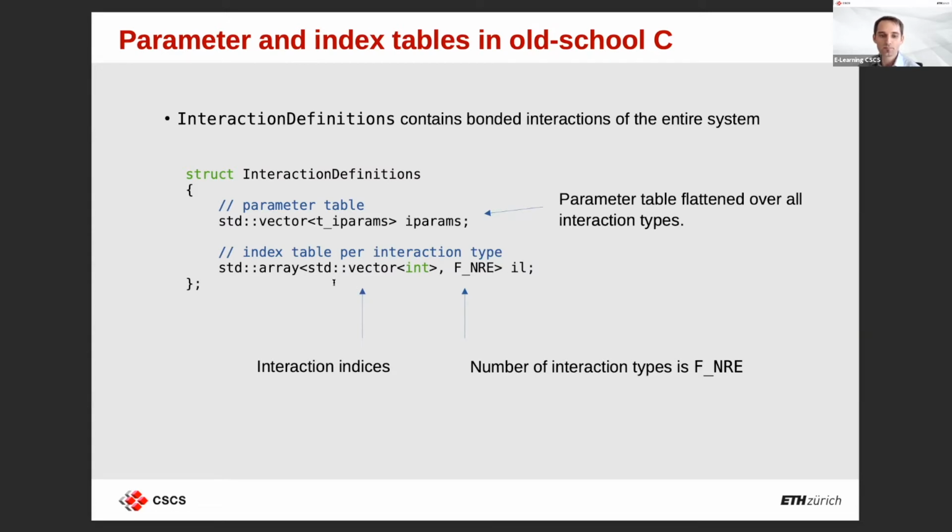And then for each of your interaction types that GROMACS can handle, you have one of these tables with the interaction indices. So you can imagine that you have 30 tables that contain the indices of the atoms that describe where the bonds or the angles are.